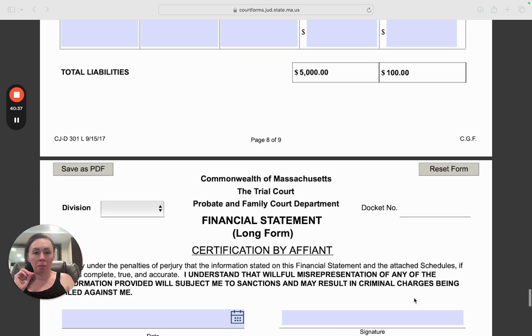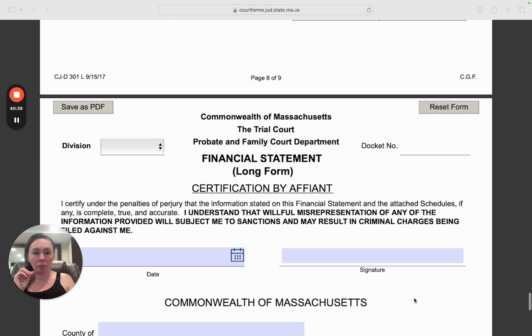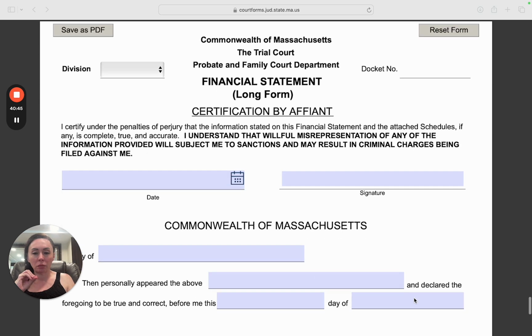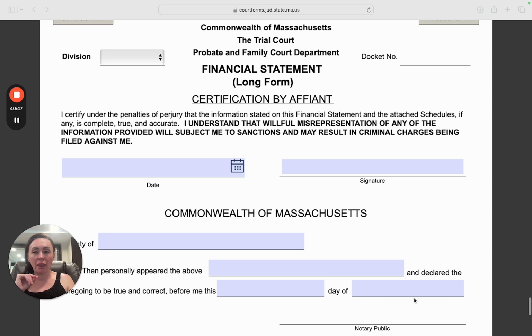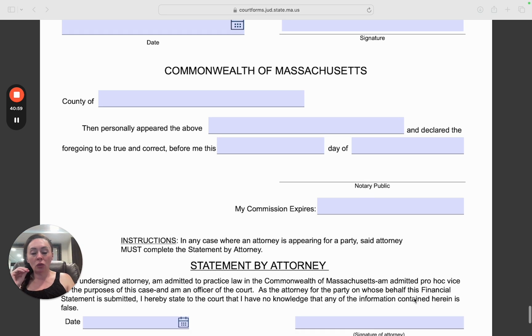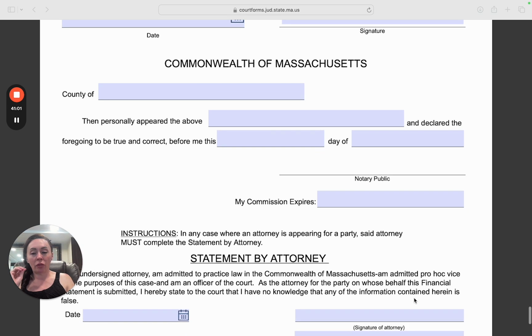So that's fine. That takes us to the 9th and final page, which is where you sign off that the financial statement is complete, it's true, it's accurate, you're not withholding any information. You also are going to need to have your financial statement notarized.